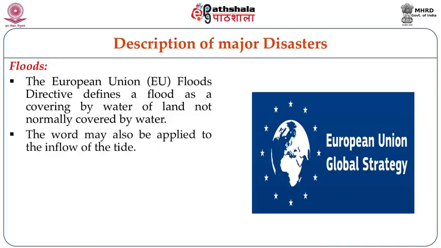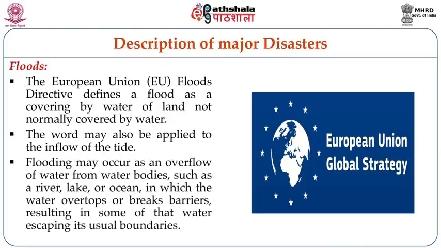The word may also be applied to the inflow of the tide. Flooding may occur as an overflow of water from water bodies such as rivers, lakes, or oceans, in which the water overtops or breaks barriers, resulting in some of that water escaping into unusual boundaries.